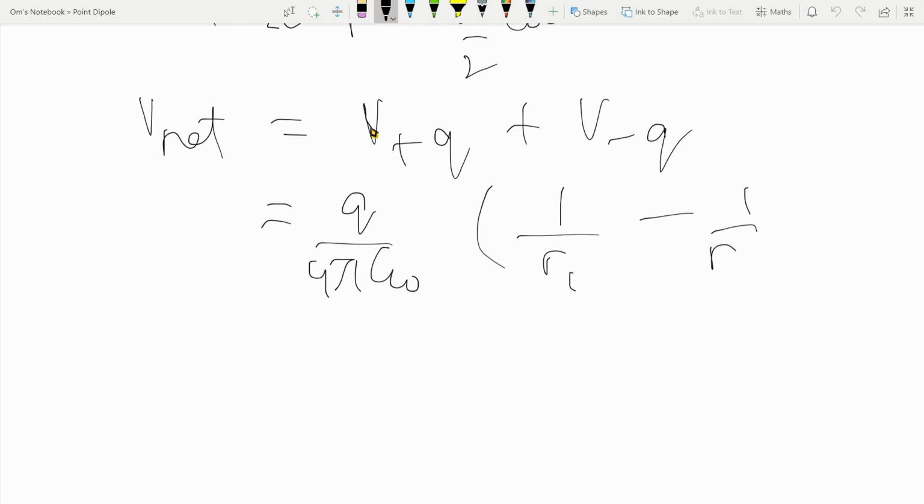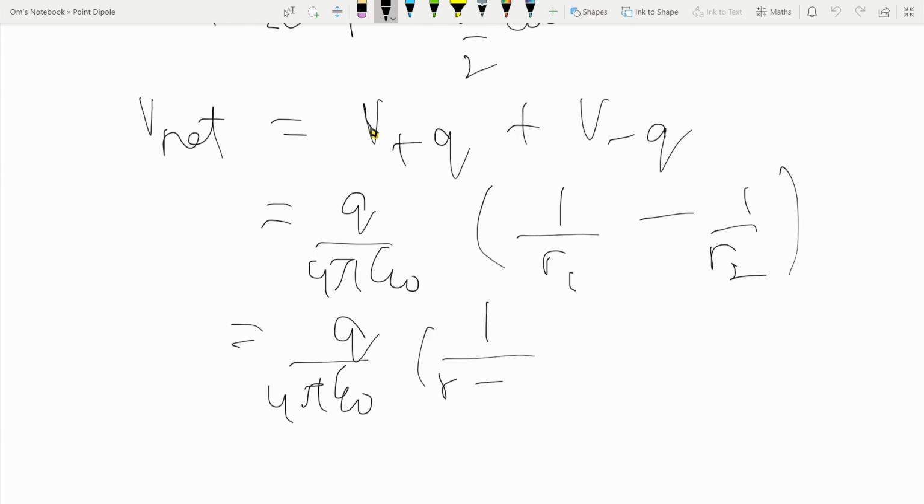Of course, the electric potential due to a point charge is given by Q by 4 pi epsilon naught R. And so we can continue. We can write this as Q by 4 pi epsilon naught into 1 by, we can now substitute the values. So this is 1 by R minus d by 2 cos theta minus 1 by R plus d by 2 cos theta.